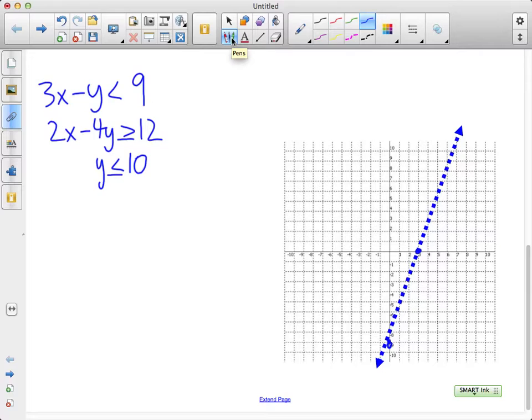The advantage to converting to slope-intercept form is that if you're careful and switch your sign when you divide by a negative, then you'll know which way to shade based on the sign. Now, I'm going to do this one the other way, where I just check a point. Does 0, 0 lie in the shaded region?